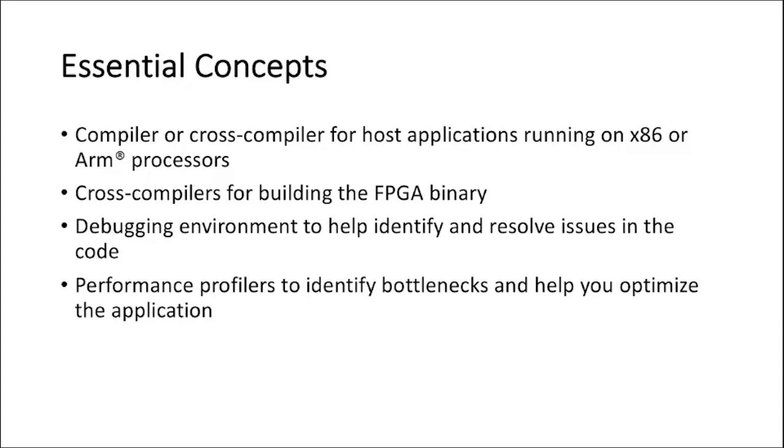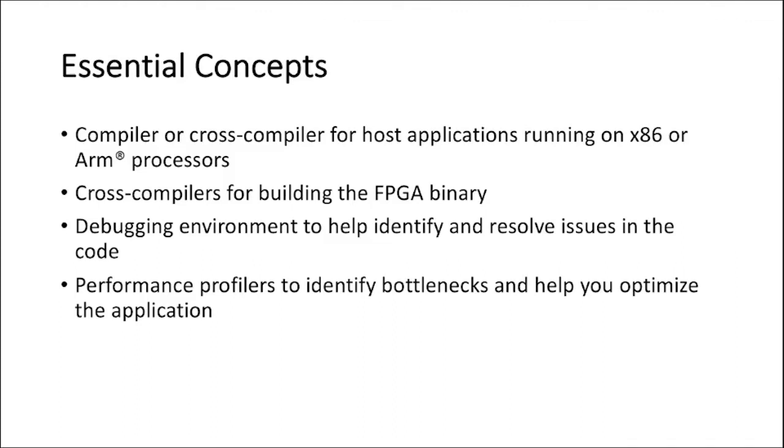Okay, so the essential concept of a Vitis application is that we have 2 processors. One is the CPU, which will be an x86 or ARM processor, and it needs a compiler for us to compile the host application.